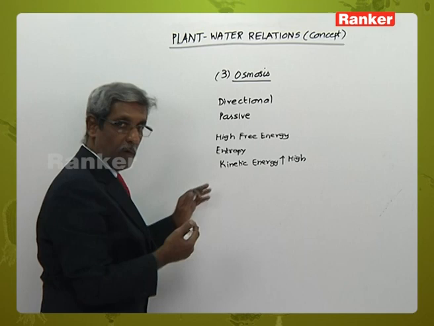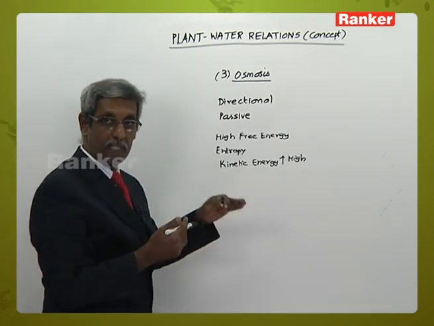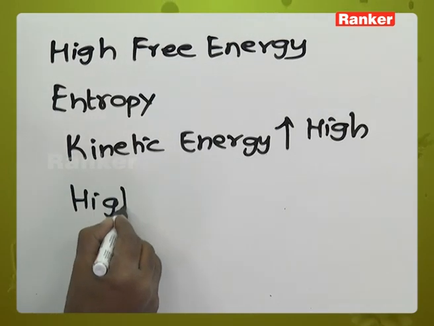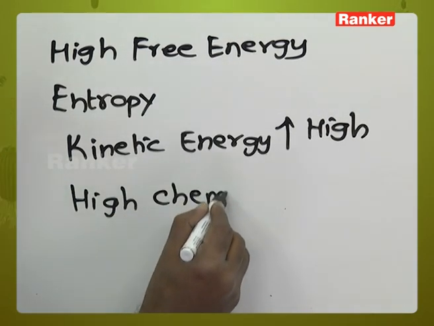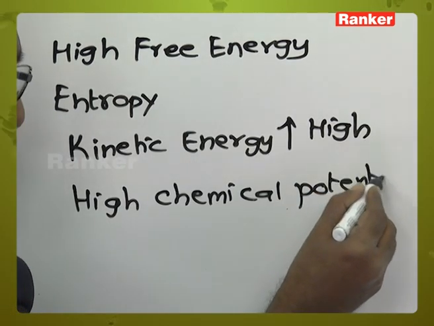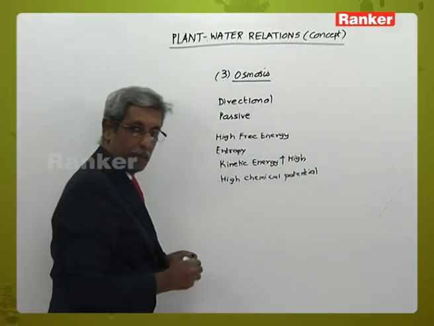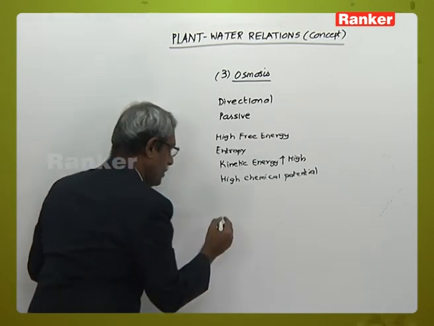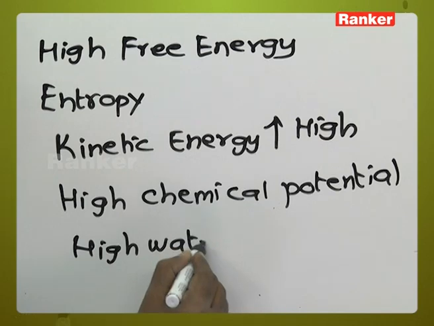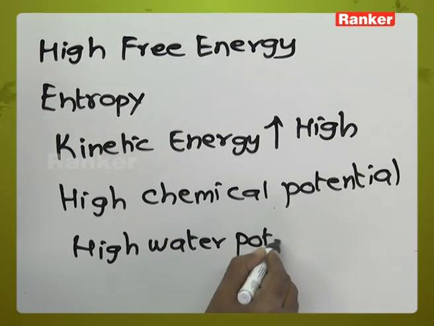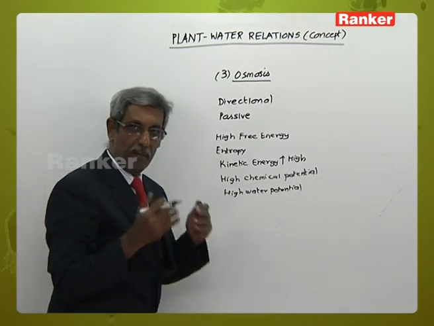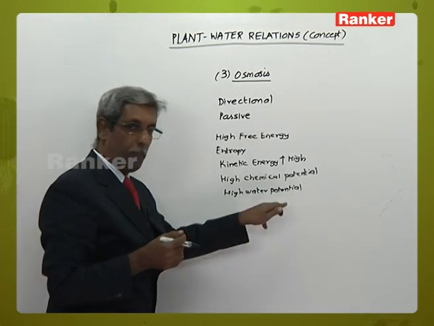So, because it has got more of energy by view of its chemical nature, you can also call it as it moves from a region of high chemical potential. From high chemical potential, or you can say even from high water potential. The capacity of free water to move is termed as water potential.